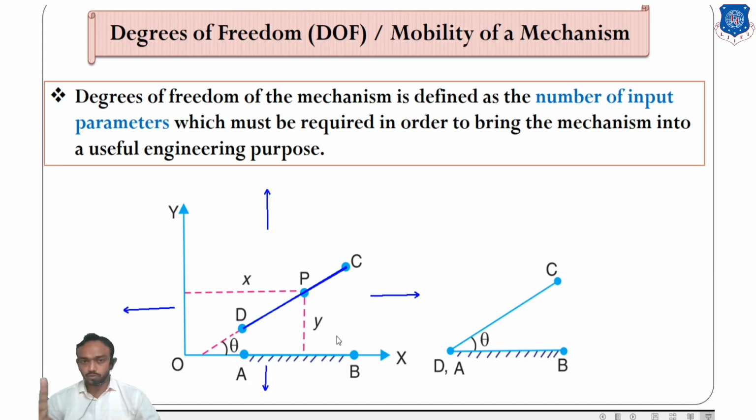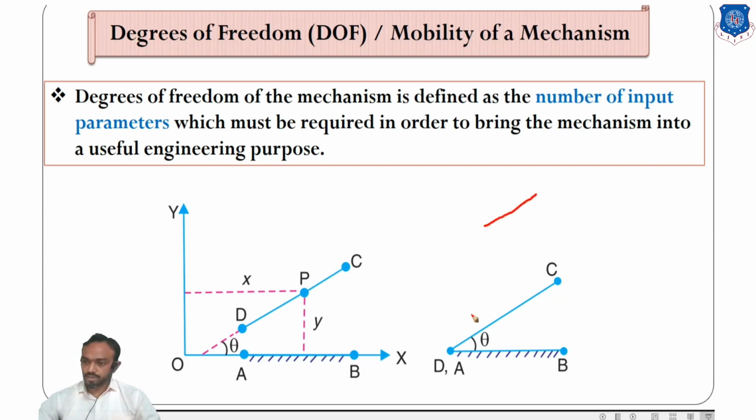So two linear motions in X and Y, and one rotary motion with respect to Z. So it can move in X, Y, or rotate in 2D space.